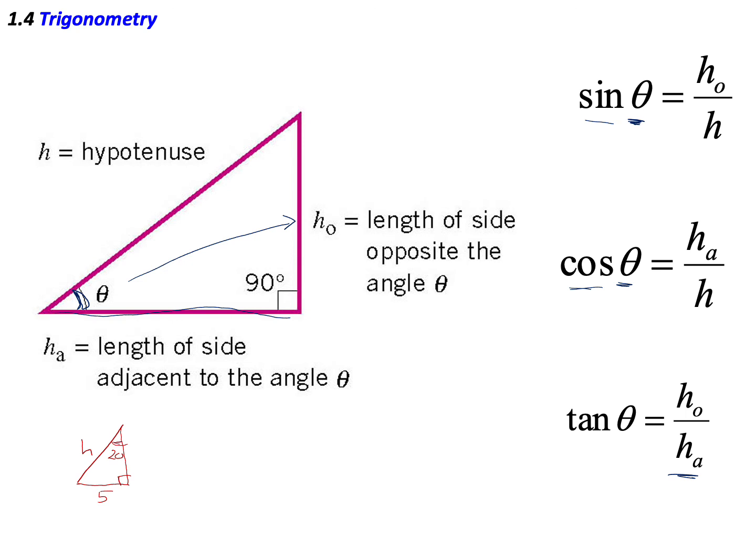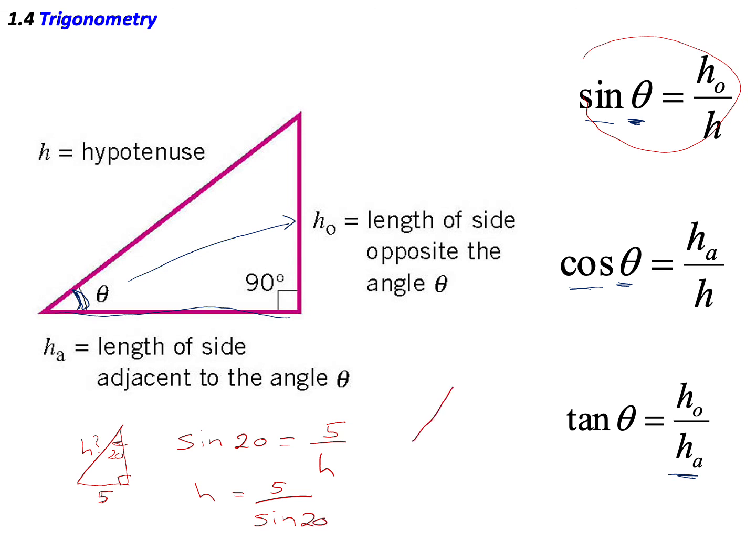This side is opposite to this angle and is 5, and the question is what is the length of the hypotenuse. So opposite and hypotenuse, you can use the relationship sine of this angle. Sine of 20 is equal to the length of the opposite side, which is 5, divided by H. H is equal to 5 over sine of 20.